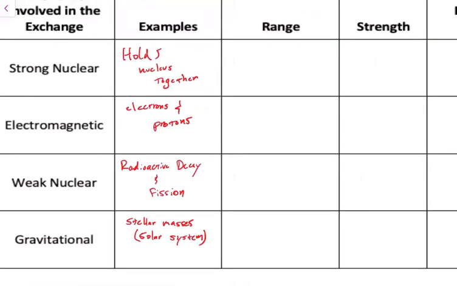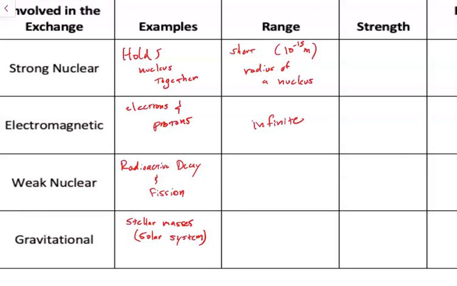The range: strong nuclear is inside of the atom, so it's between the protons and the neutrons inside the nucleus. So this is very, very short, something like 10 to the negative 15th meters, which may be useful to remember. That's about the radius of a nucleus. Electromagnetic, between charges, so that's infinite.